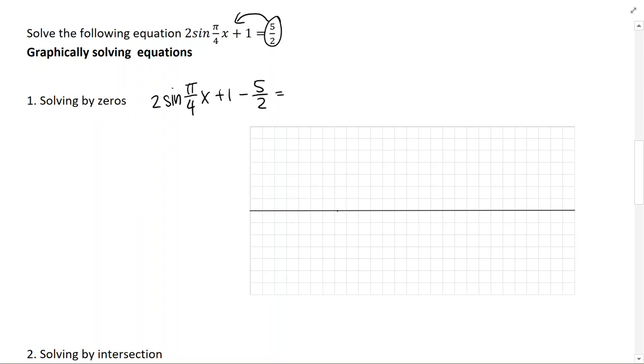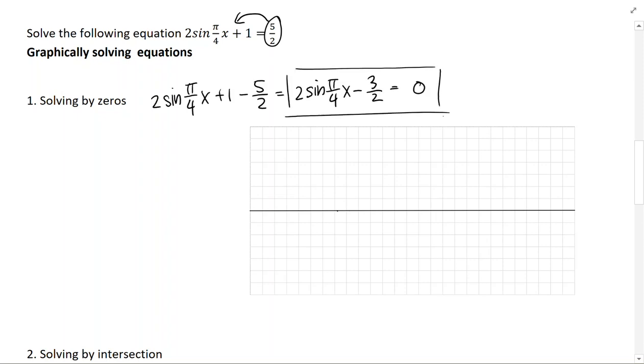And if we simplify that, we're looking at 2 sine pi over 4x minus 3 over 2 equals 0. So this is the equation we're solving here.